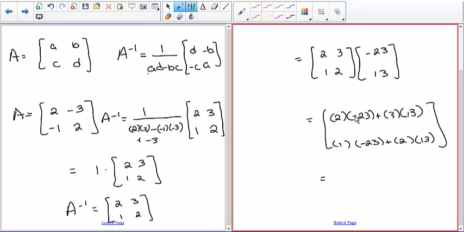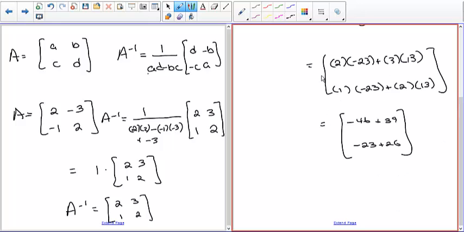So here you have negative 46 plus 39. Here we have negative 23 plus 26. So that's just multiplying these things out.